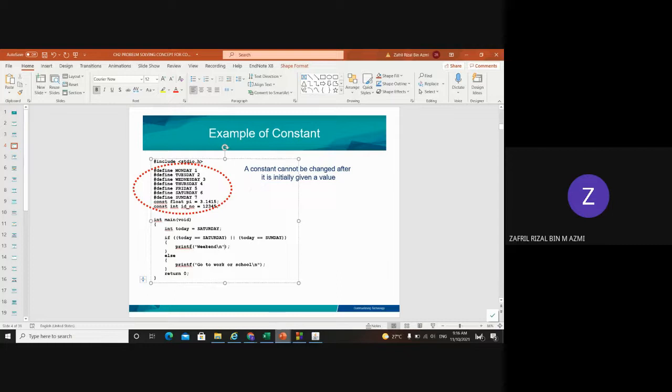What is a function? A function will be followed by a bracket. This is a function because there's a bracket over here. So that's how you identify a function in your program. This is the main function because there's a bracket over here.